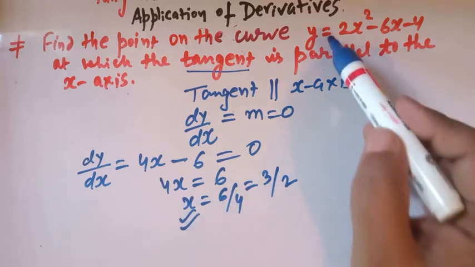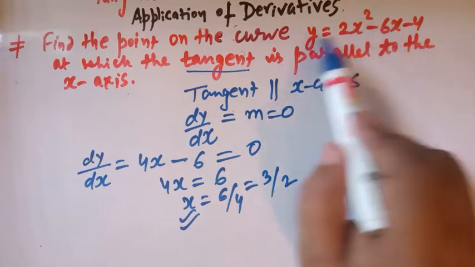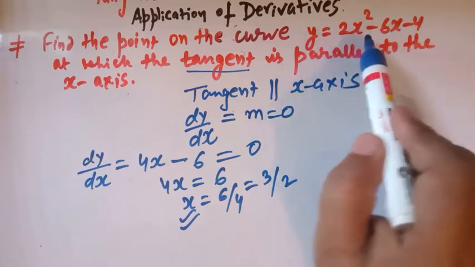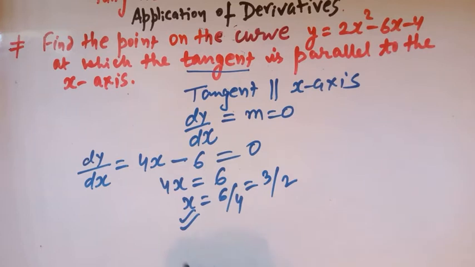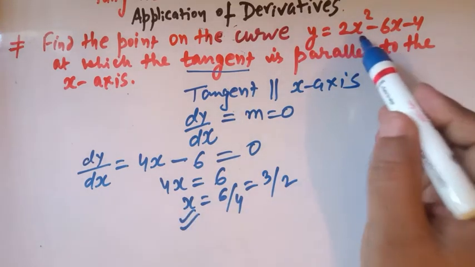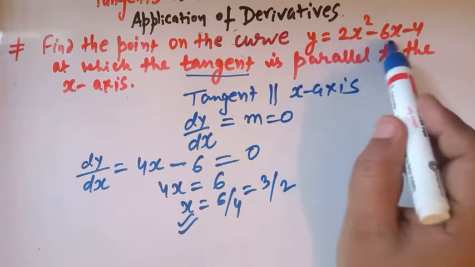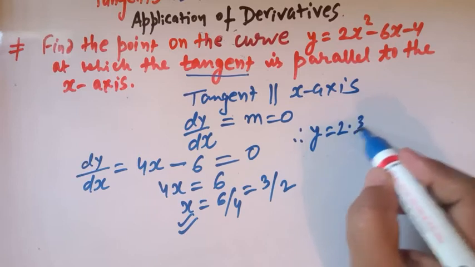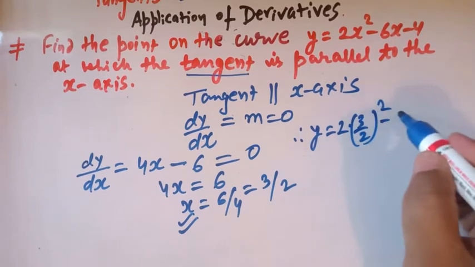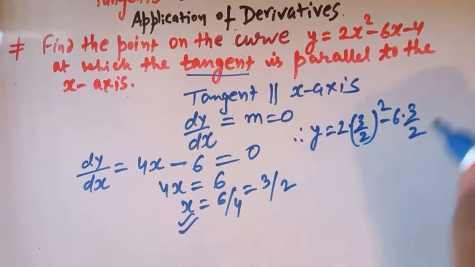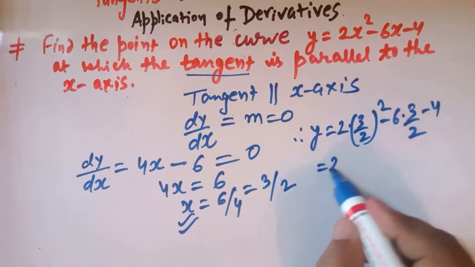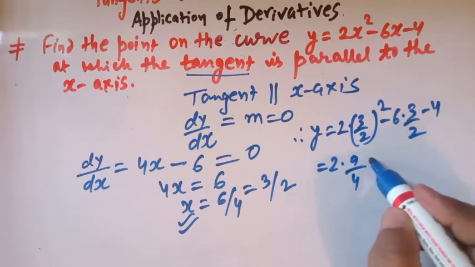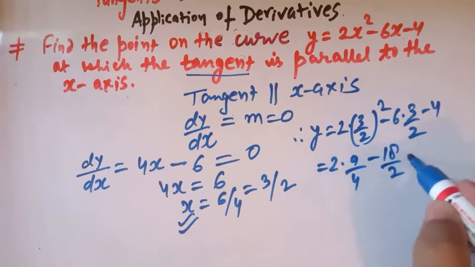Clear? Obviously this is the equation of a parabola. Clear? So here we have x is equal to 3 by 2. So we'll substitute this value in this equation. Therefore we have y is equal to 2 times (3 by 2) whole square minus 6 multiplied by 3 by 2 minus 4. So we have 2 times 9 by 4 minus 18 by 2 minus 4.